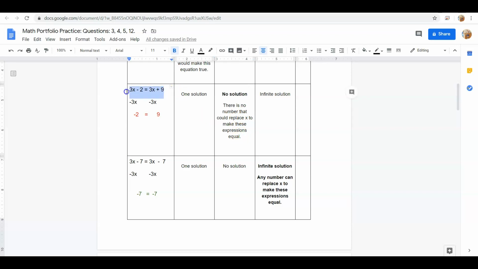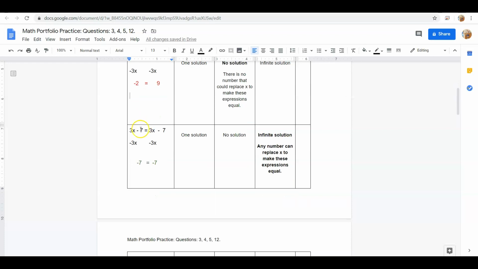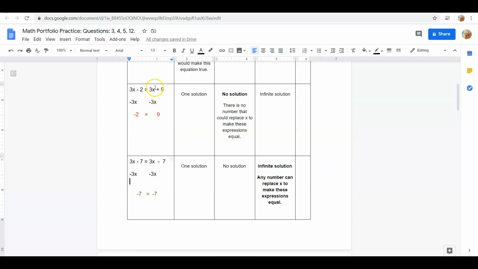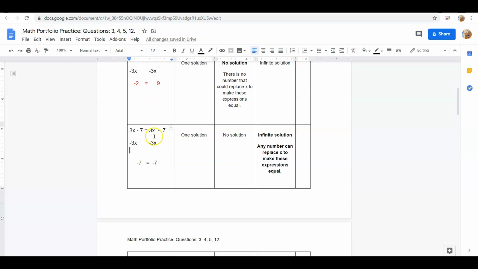I challenge you. Try it. See if you can find a number that would make this equal. I don't think that you can. And this one. This one's the simplest in my opinion because it is the same expression, 3x minus 7, on both sides of the equal sign. So we follow the same steps over here. We need to isolate x and get it to one side, so we eliminate the smaller value.